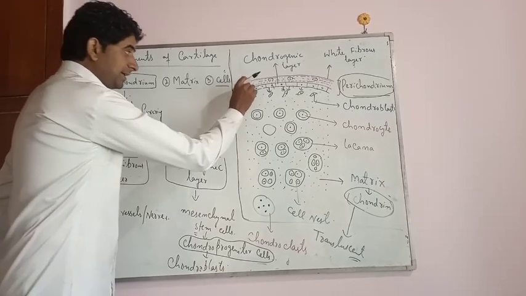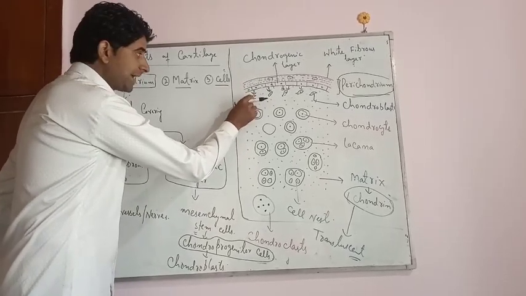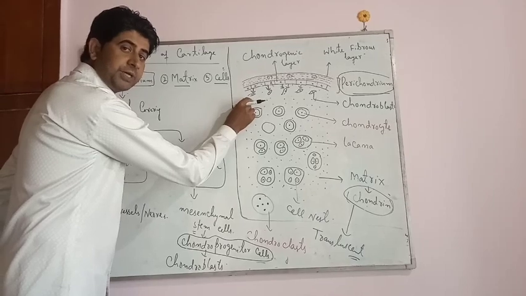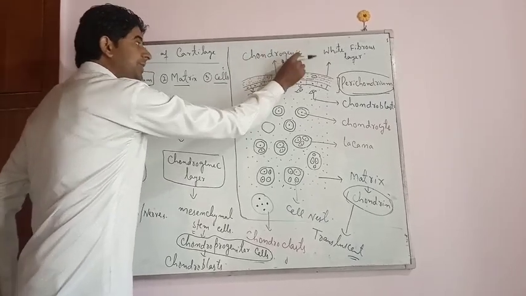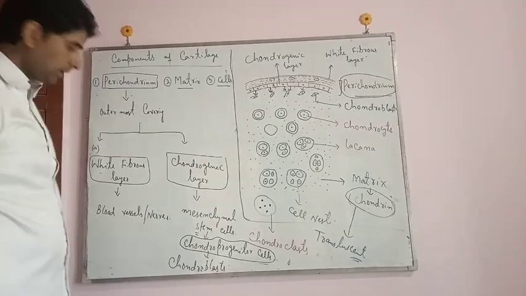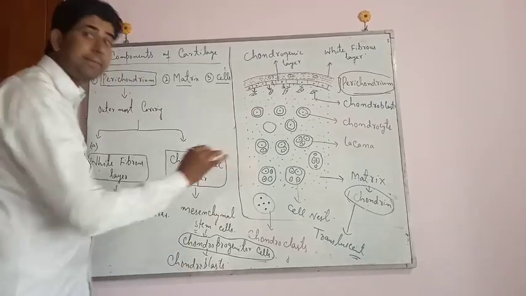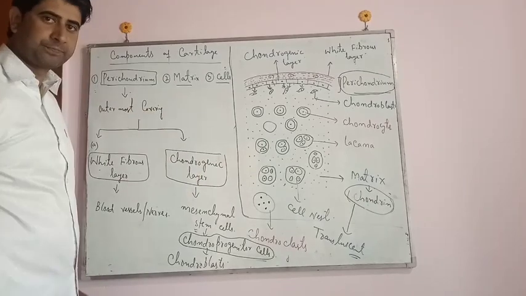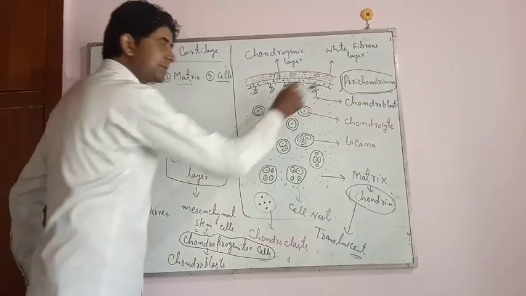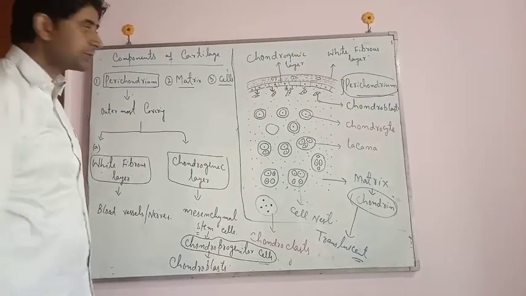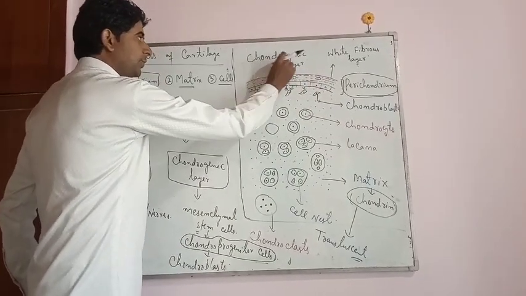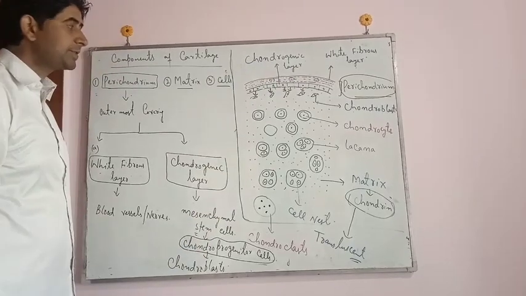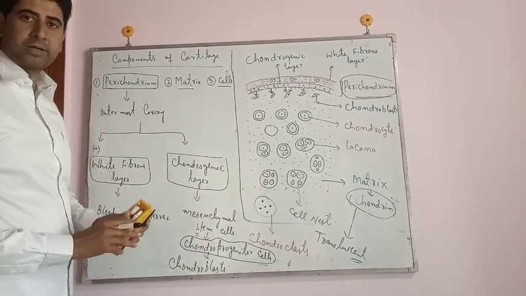Since this layer gives rise to chondroblasts upon division, this layer is termed the chondrogenic layer. Chondro means chondroblast, genic means genesis, meaning formation. So that is why this innermost layer of the perichondrium is termed the chondrogenic layer. So it is the first component of the cartilage.